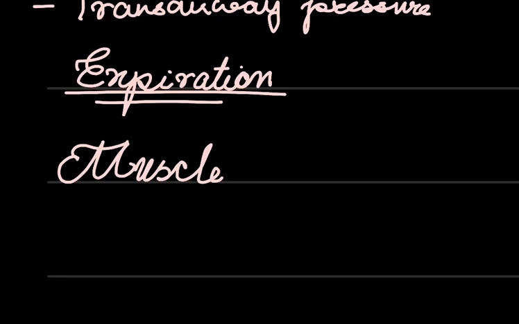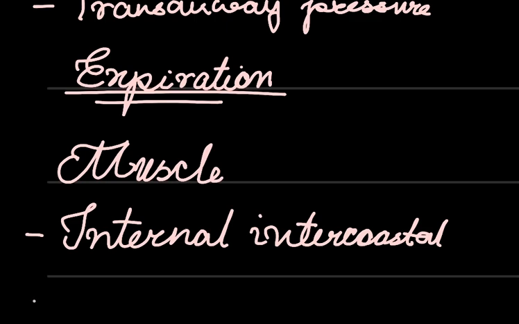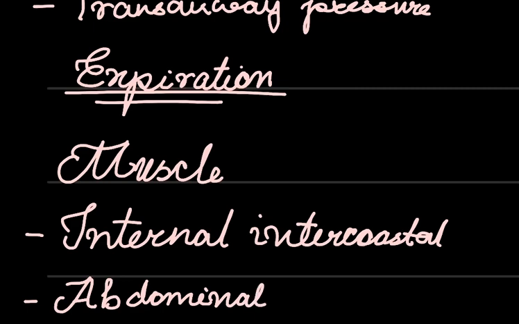However, during forced expiration and in diseased conditions, especially during emphysema, expiration becomes an active process, and in that case we have the internal intercostal muscles and abdominal muscles. In the abdominal muscles, we have transversus abdominis and rectus abdominis.